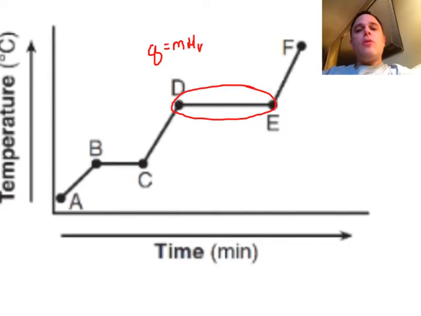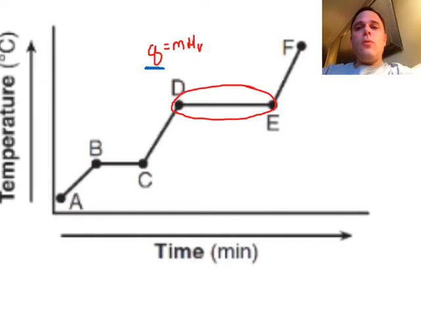So now let's look back again at one of the heating curves and look at the position between D and E. Now there might be a question that asks, how much energy is required for a substance to absorb to change from liquid water to gas water at constant temperature, meaning the temperature would not be changing. And for that, some smart guy years ago devised a formula that matched what nature does.